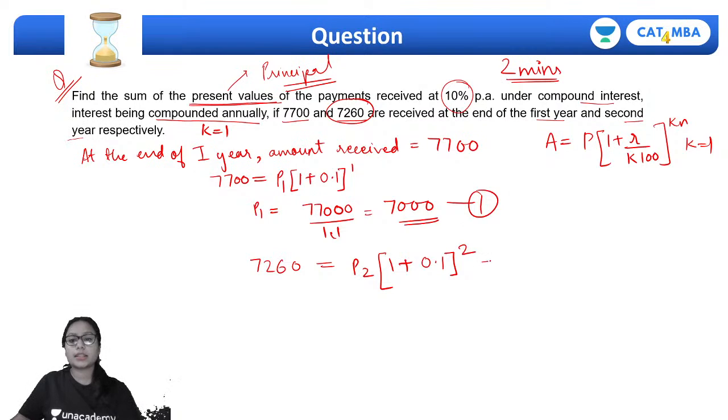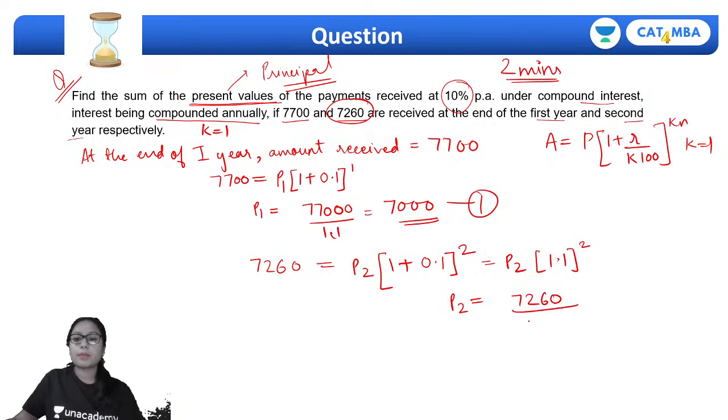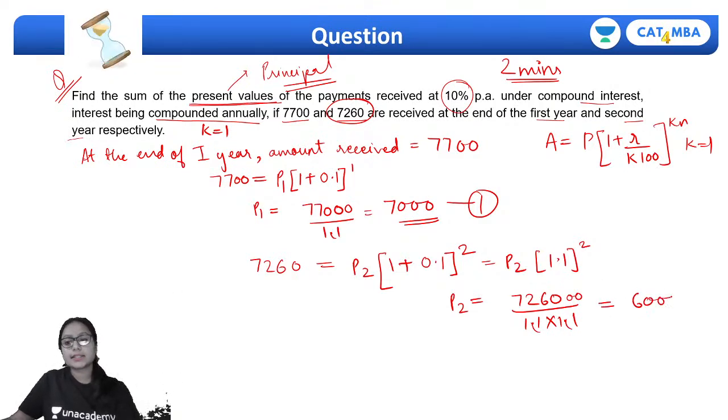So from here I can say that this is P2 into 1.1 whole square. If I simplify this, I get the value of P2 as 7260 upon 1.1 into 1.1, which is 6,000. Let us take this as equation second.